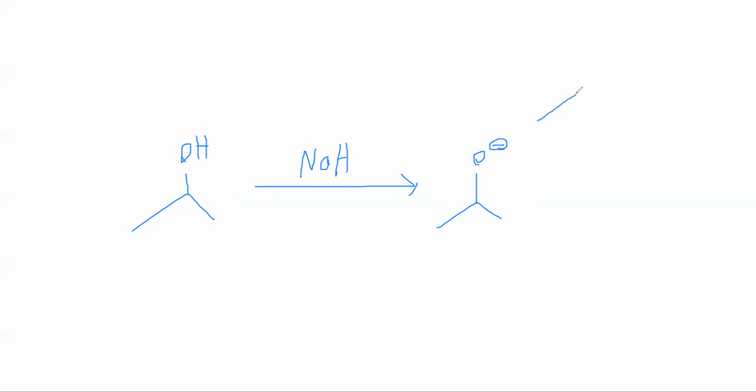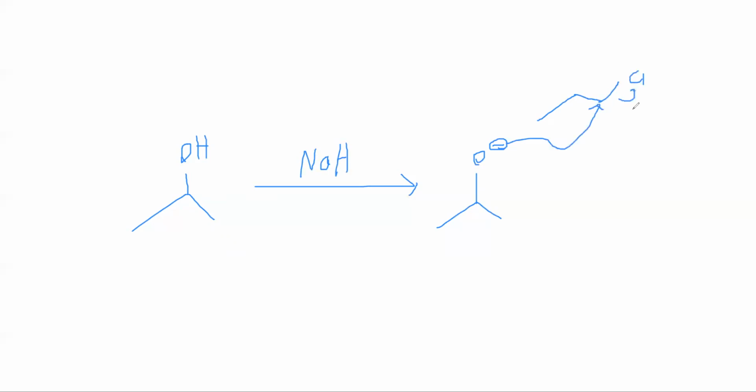And alcohols are weak nucleophiles, so you have to deprotonate them with a base to turn them into a good nucleophile. You can do that with sodium hydride. That's pretty common. That will form a negative charge on the oxygen because it takes the proton. And then this is a good nucleophile, and you can use it for SN2 reactions. And generally, the SN2 reaction you do with it is reacting it with an alkyl halide.